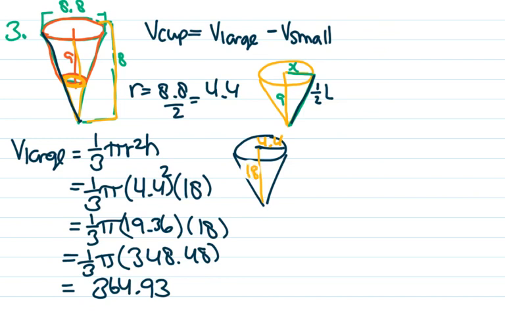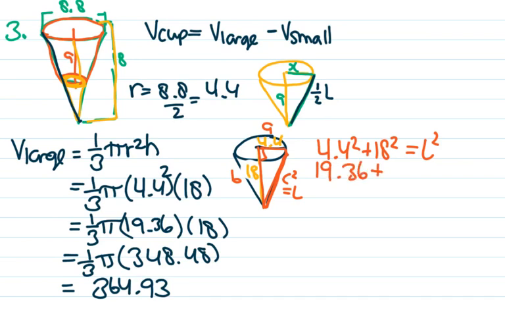So if I form this into a little triangle here, then I can use the Pythagorean theorem, a squared plus b squared equals c squared, where c here is L, or my slant height. So that's 4.4 squared plus 18 squared equals L squared. 4.4 squared is 19.36. 18 squared is 324. Add those together, 343.36.